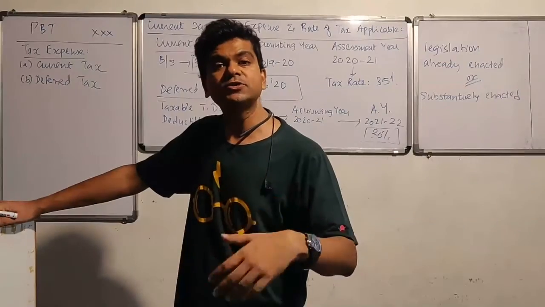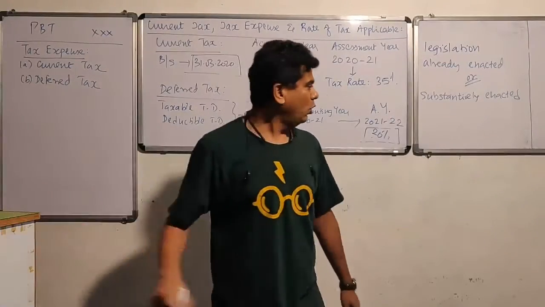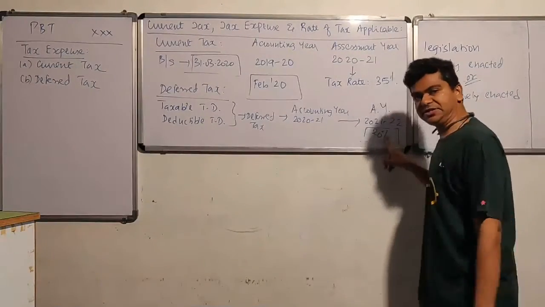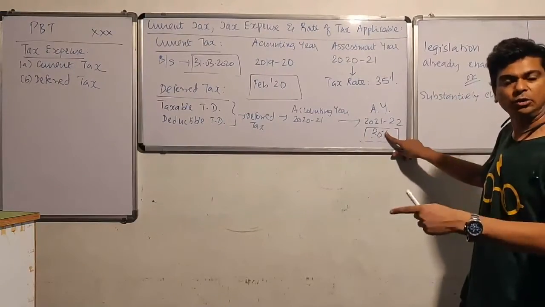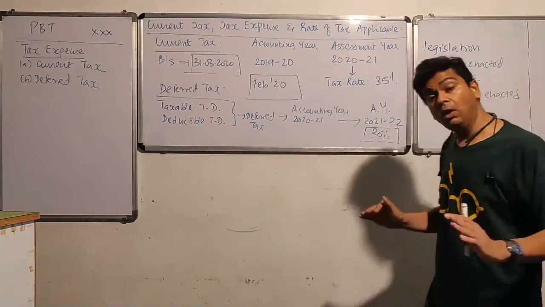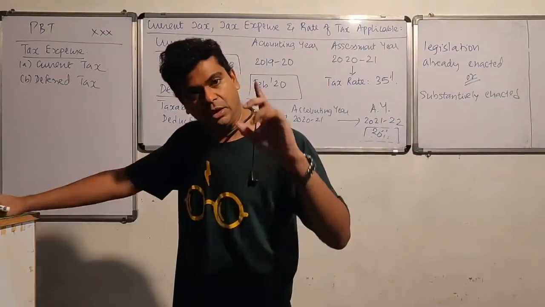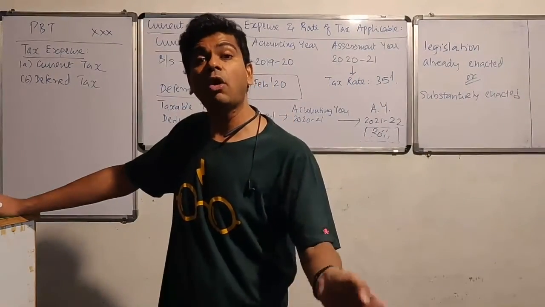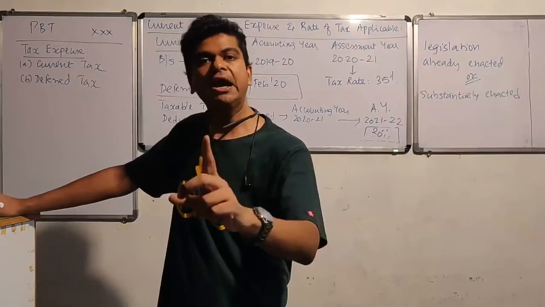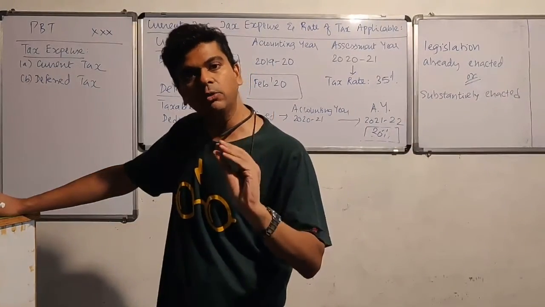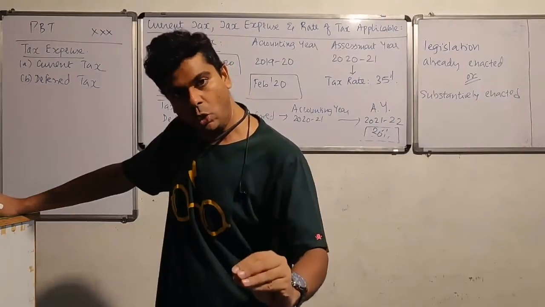So I decide this as my accounting policy. So whatever future tax rate is there, I will consider that for calculating the deferred taxes. Or as a company, I decide my accounting policy is that only when it is notified in the official gazette, only after that I will consider it to be an applicable tax law.